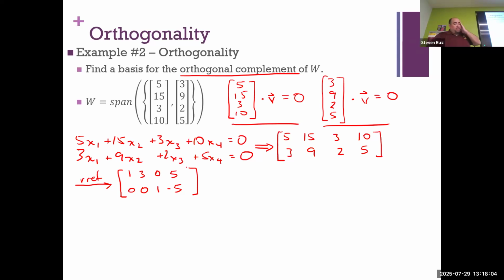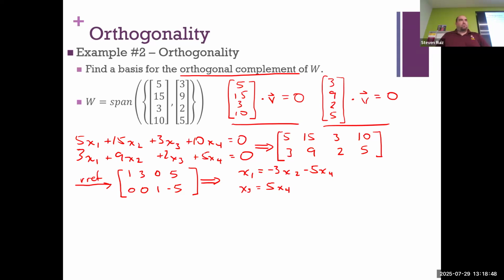So if that's how this matrix reduces, what can we learn from it? x1 equals negative 3x2 minus 5x4. What else? x3 equals 5x4.